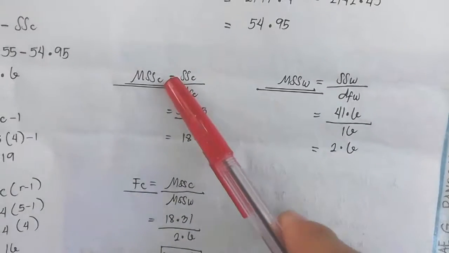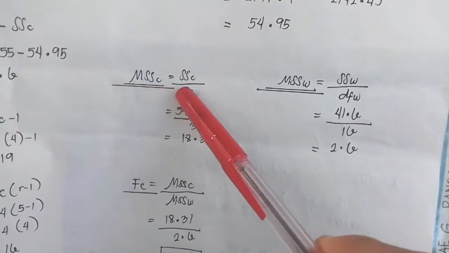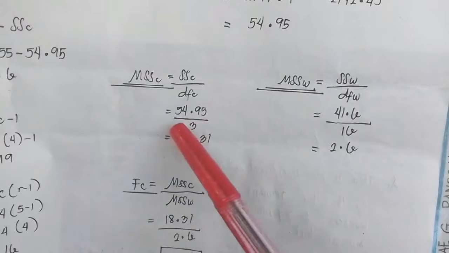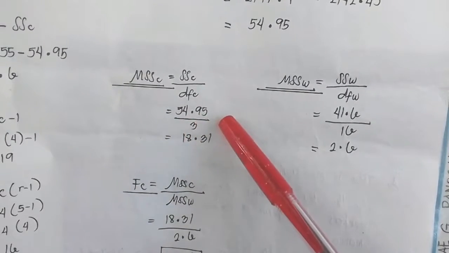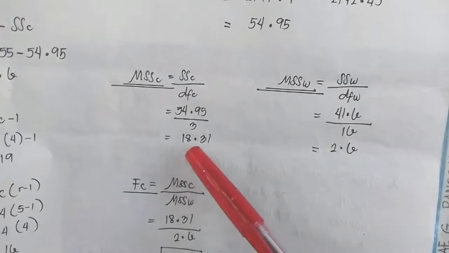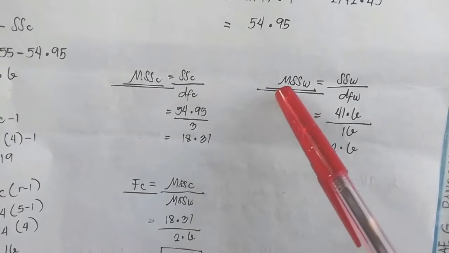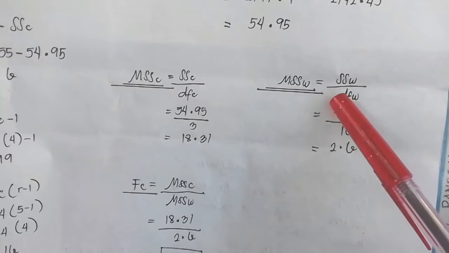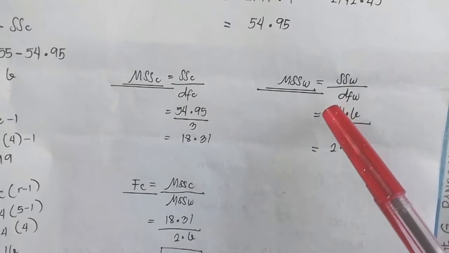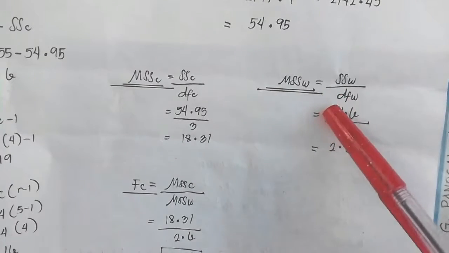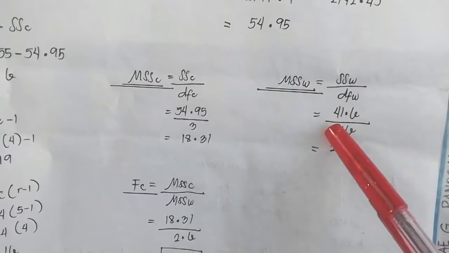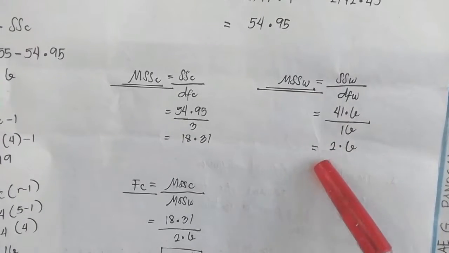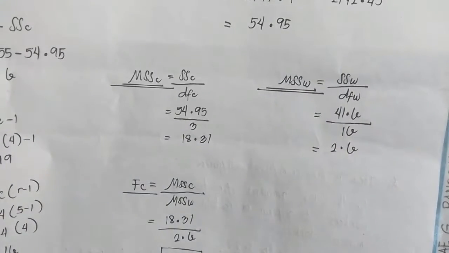Solving for the MSS sub c equals SS sub c divided by the degrees of freedom sub c equals 54.95 divided by 3 equals 18.31. Then solving for the MSS sub w equals SS sub w divided by the degrees of freedom sub w equals 41.6 divided by 16, the answer is 2.6.